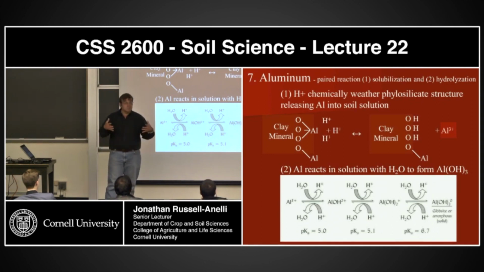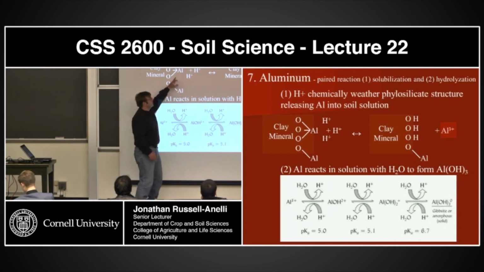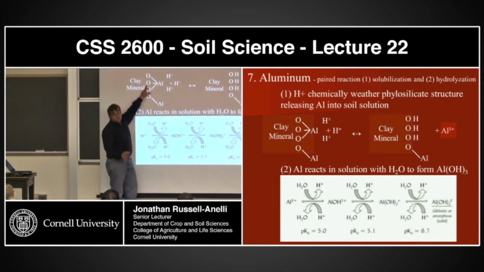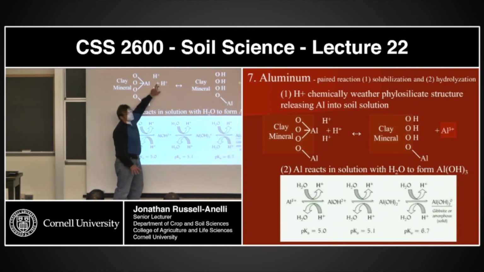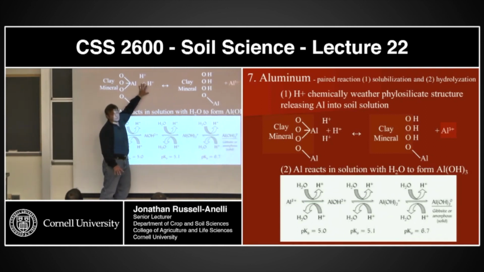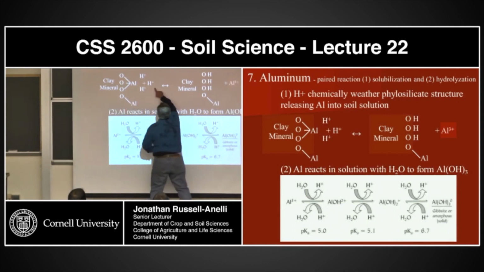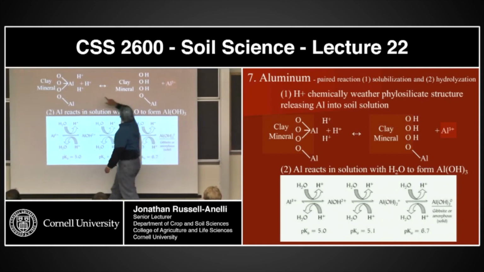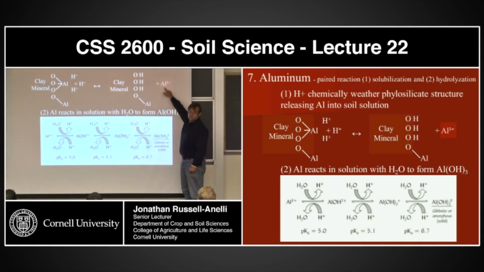Well, this one's big, and it has a high charge, which means in all likelihood it's not going to have any problems knocking things off of the colloids. It's going to sit there. And if it does that, it potentially is going to react with these protons in soil solution, creating hydroxides here, putting the aluminum into the soil solution. Does that make sense?